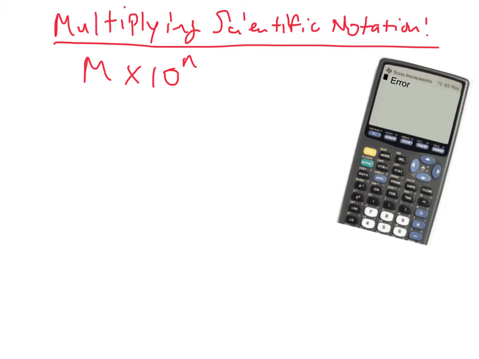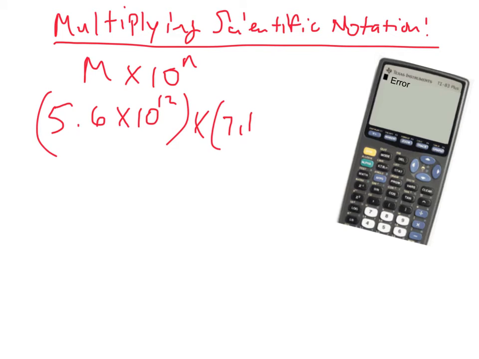So for example, let's say that we had 5.6 times 10 to the 12th, and we can multiply that by 7.102 times 10 to the 4th. So let's figure out what that's going to be.